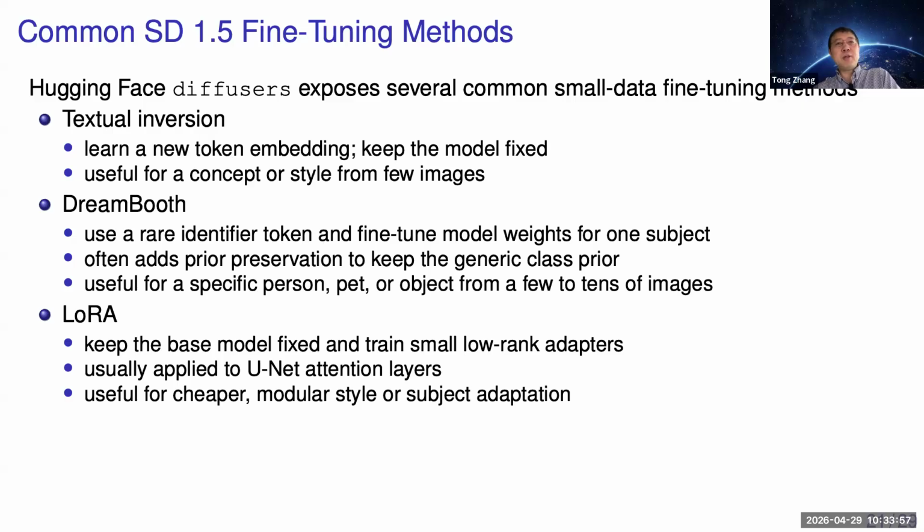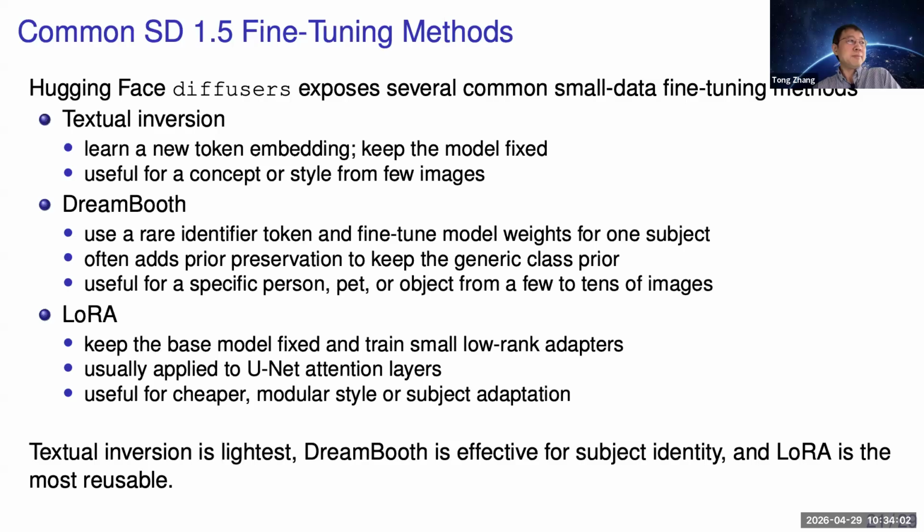Now you can generate pretty reasonable images targeted for this special token. Textual inversion is the lightest, while LoRA is pretty generic. We do that for LLMs, we do that for Stable Diffusion, so this is a pretty popular method.